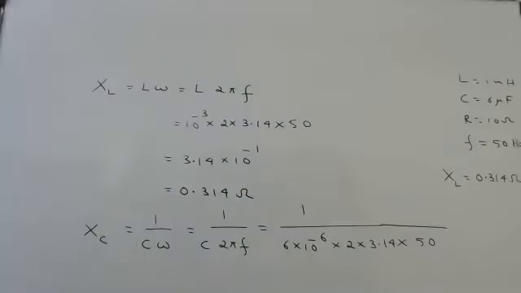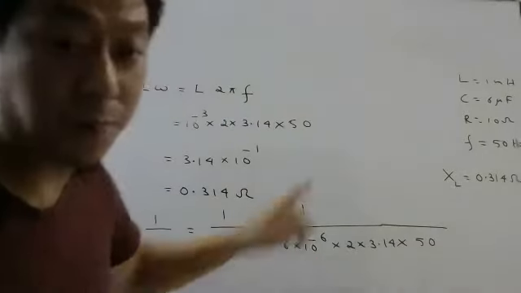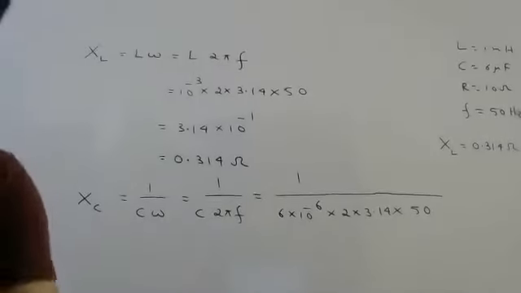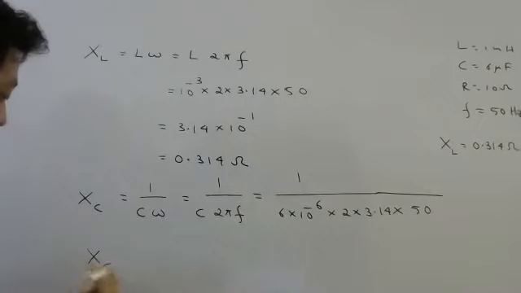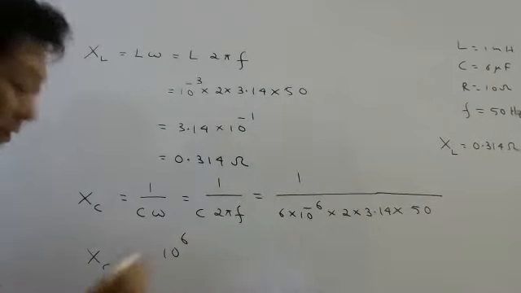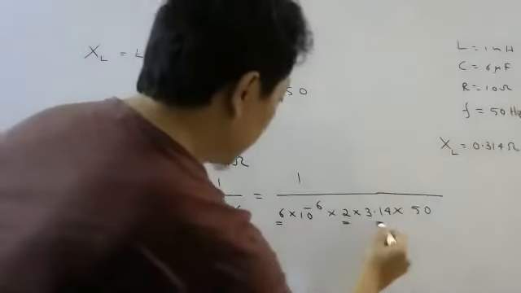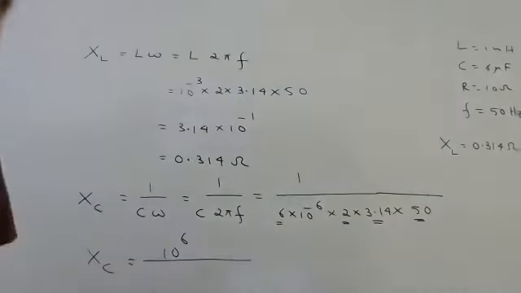Right? So now what you do, you take this 10 power minus 6 up. If you take that up, you will get 10 power plus 6 divided by this into this into this into this. Can you tell me how much it will come?